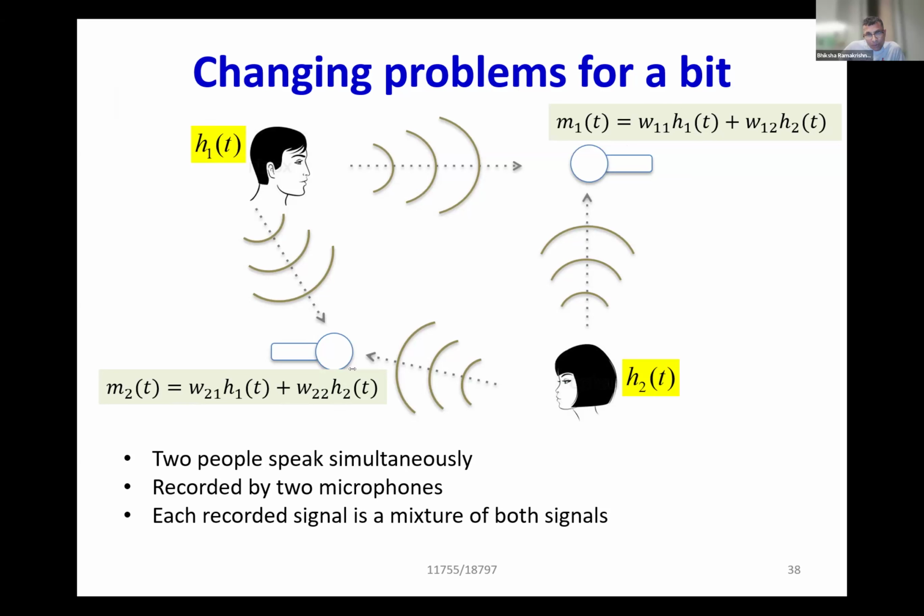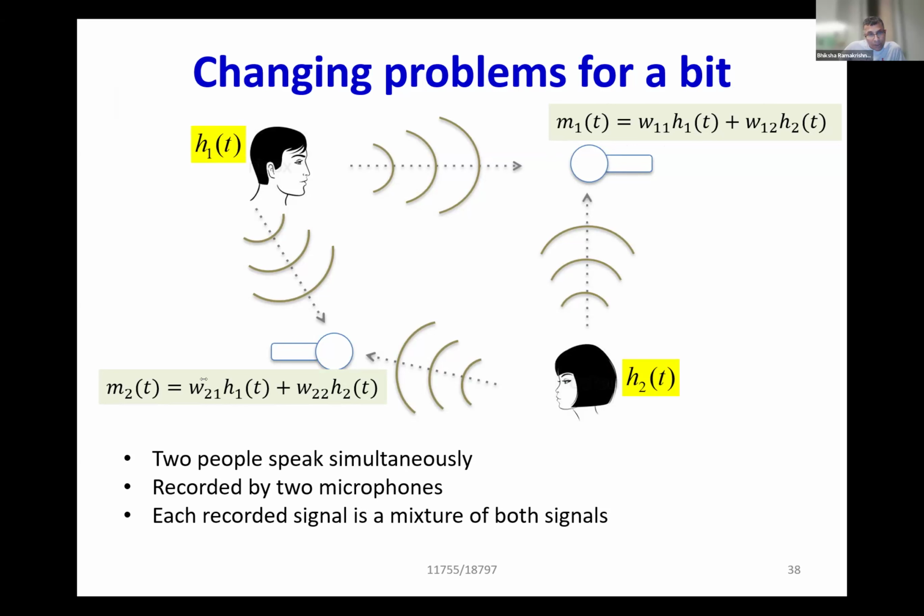So the distance from speaker 1 to mic 1 is different from the distance of speaker 1 to mic 2. So also the distance of speaker 2 to mic 1 is different from the distance of speaker 2 to mic 2. So what happens is, because the gain value depends on the distance, mic 1 is going to capture some W11 times H1 plus W12 times H2.